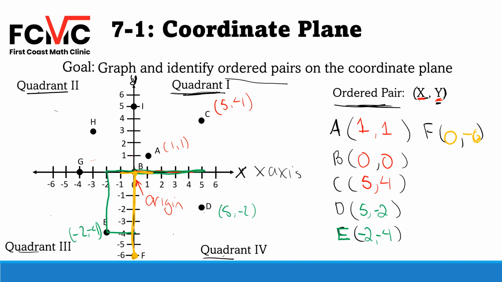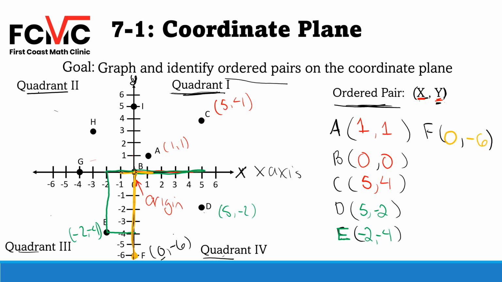So my coordinate for F is going to be 0, -6, because again, its x value is 0 because we didn't move at all to the left or the right. We moved 0 units to the left, 0 units to the right, but we moved 6 units down.